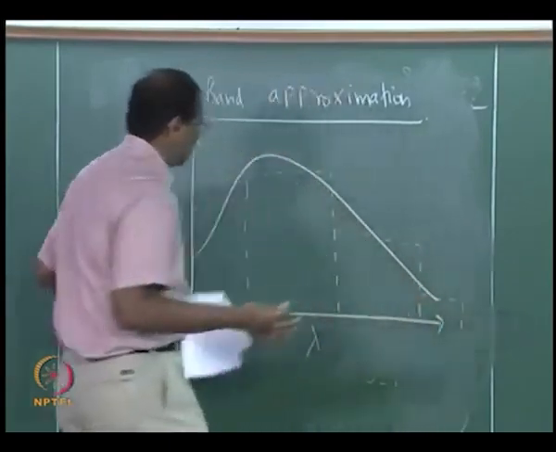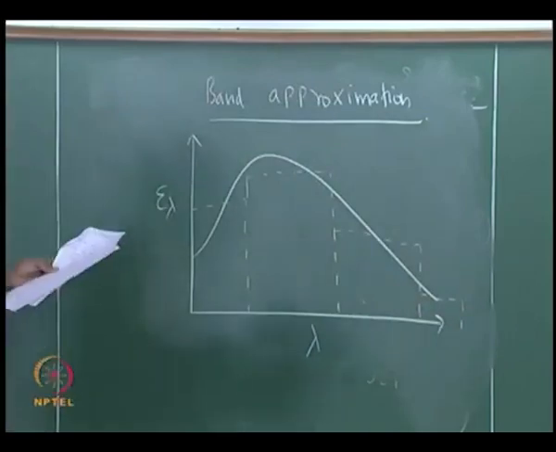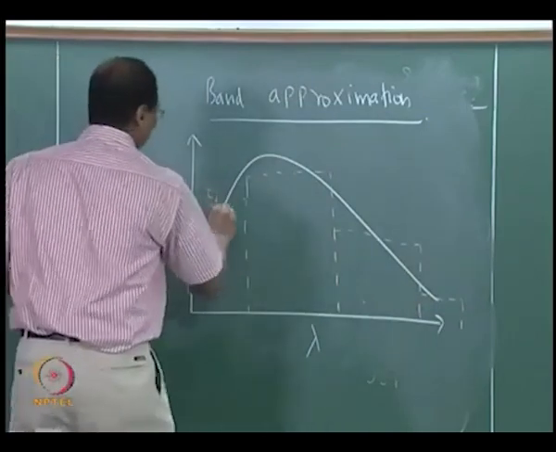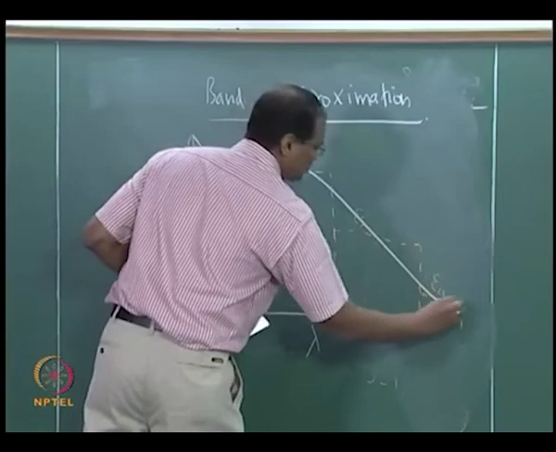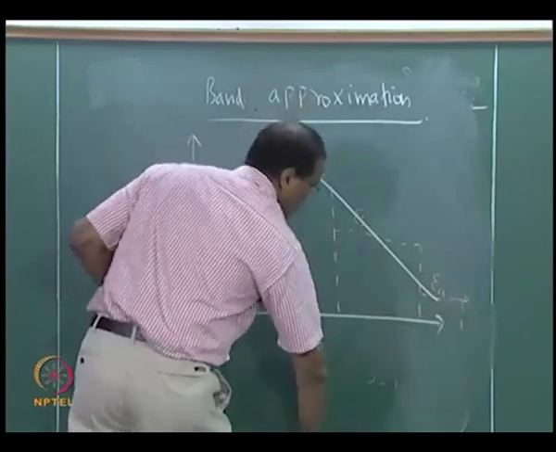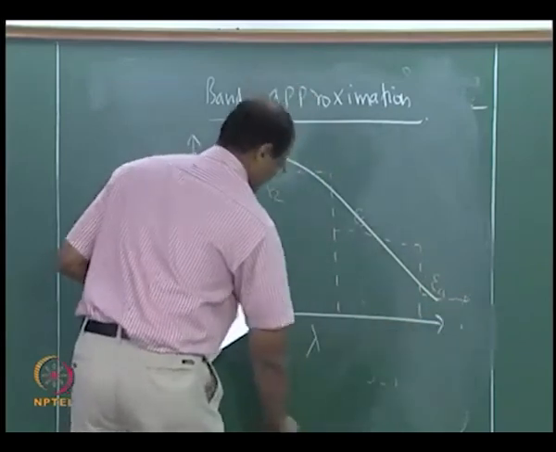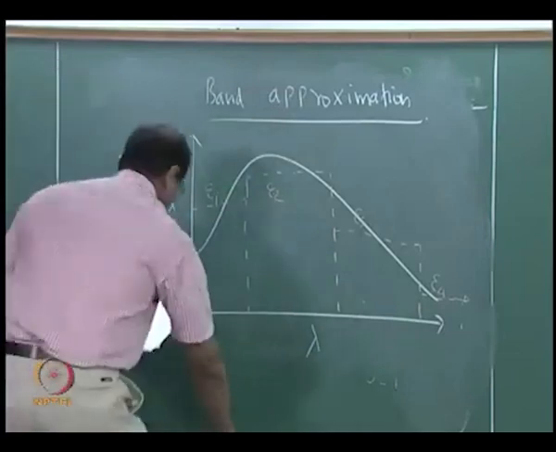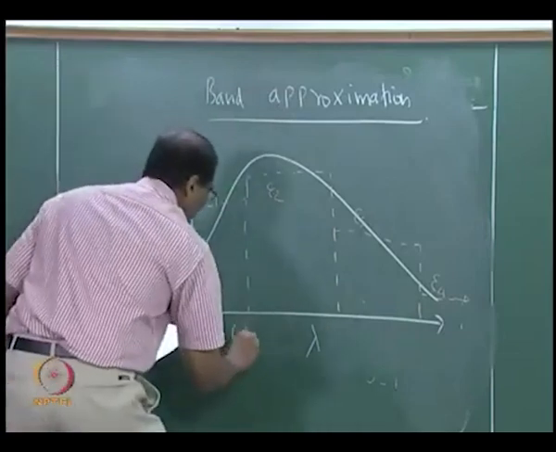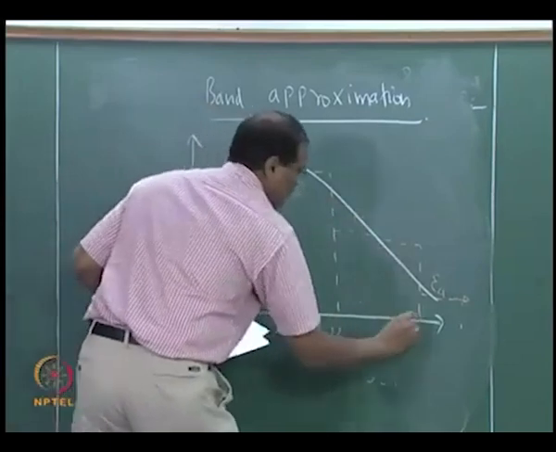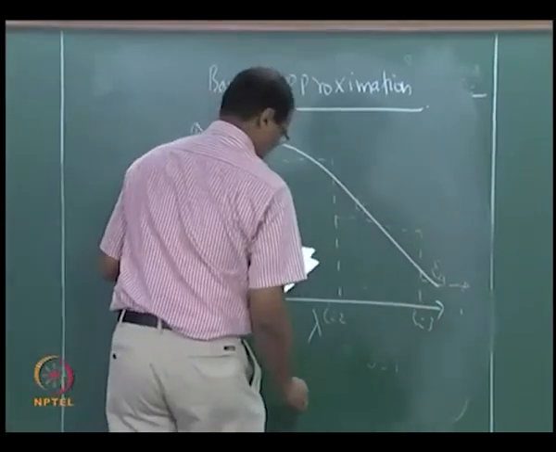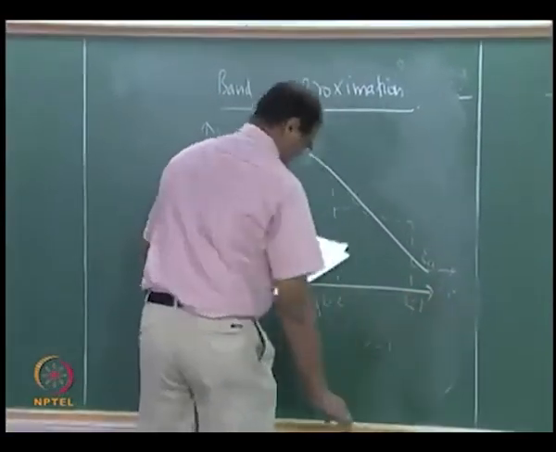I don't know whether it will work, but I will do something like this. So this is epsilon 1, epsilon 2, epsilon 3, epsilon 4, and let us say it goes up to infinity. So I can call this I equal to 1, J lambda I, I equal to 2, I equal to 3, and so on.